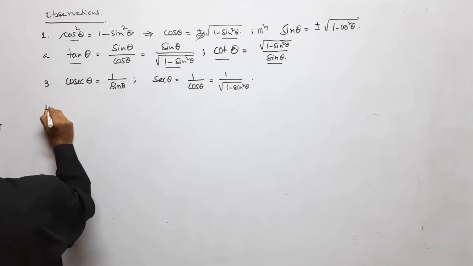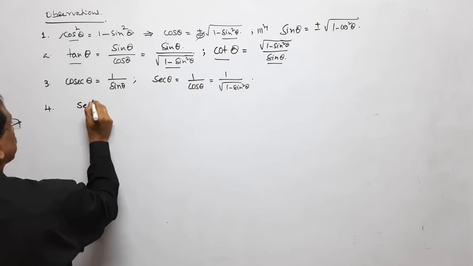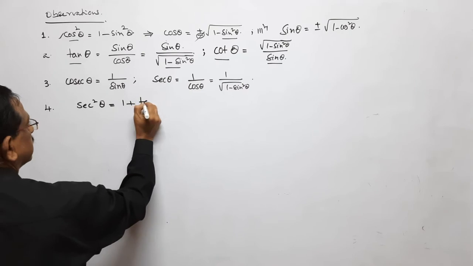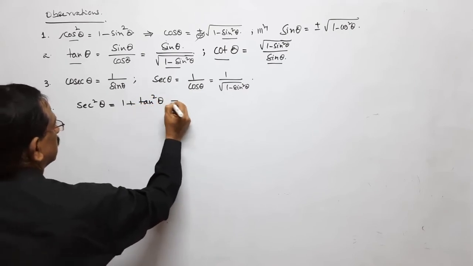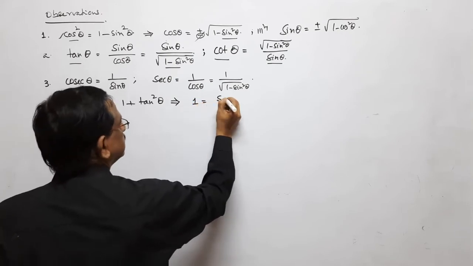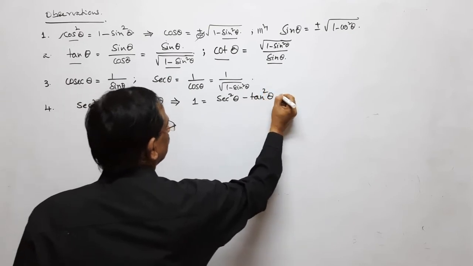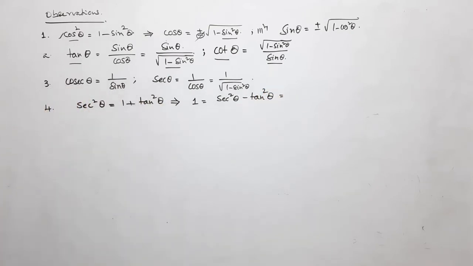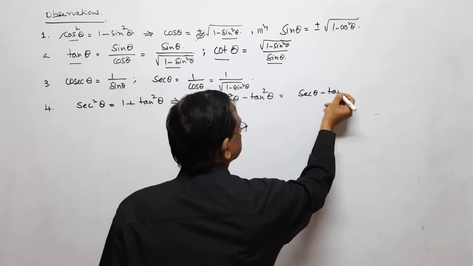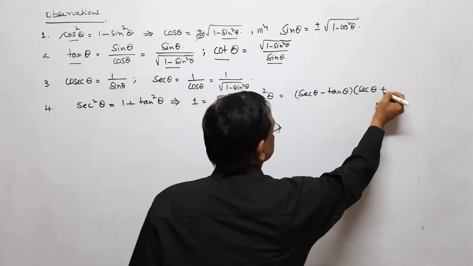Now, one more observation is, what is secant square theta? Which is equal to 1 plus tan square theta. So, I'll write down 1 as secant square theta minus tan square theta, which is equal to, now secant square minus tan square is secant theta minus tan theta into secant theta plus tan theta.